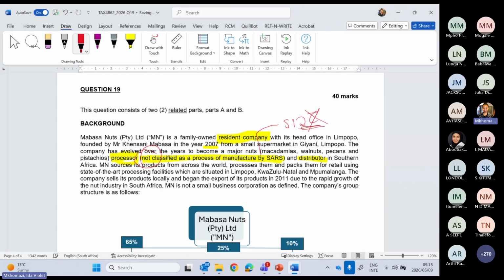If it was the opposite, if they said that the process is classified as a process of manufacture, then you would consider section 12C or section 12E.